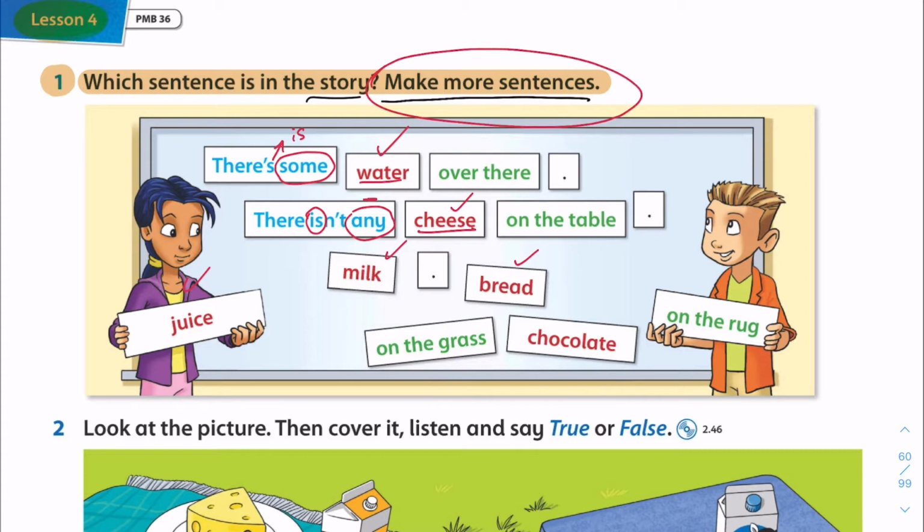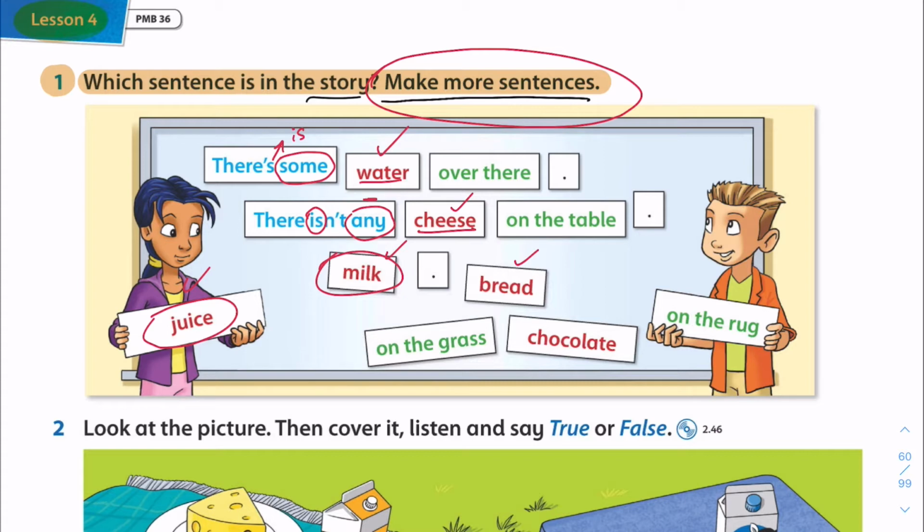Now let's make some more sentences. There's some juice over there. We can say that. We can also say there isn't any juice on the table. We can say, there's some milk over there.